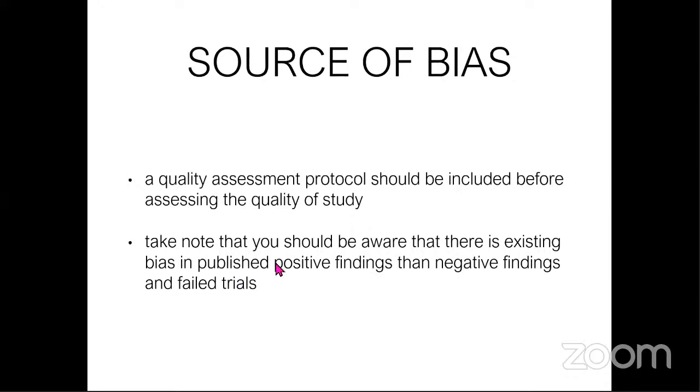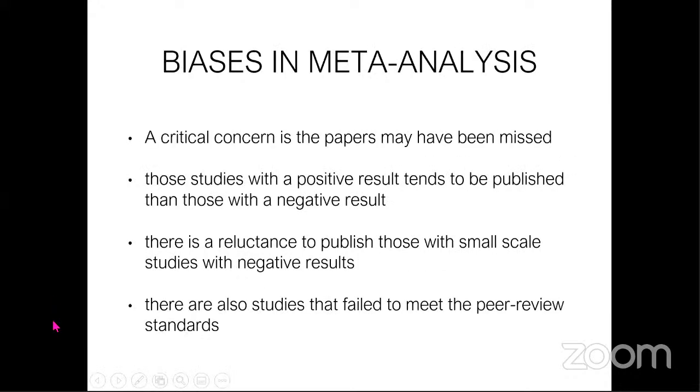Yeah, of course, you will publish studies that are successful. If you have a negative finding, or if your study is a failure, or you would reject your null hypothesis, then it would be a failed research of sorts. But that should not be the case. Okay. Biases in meta-analysis. A critical concern is that papers may have been missed.